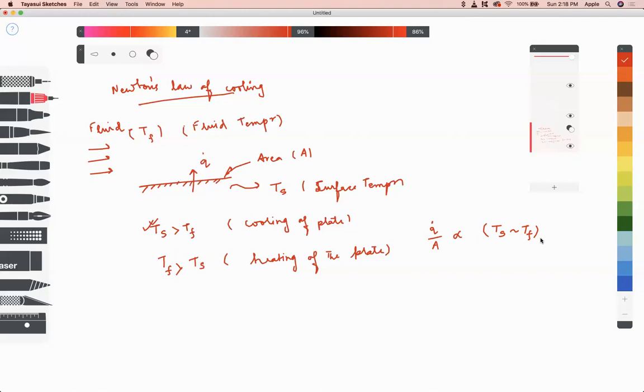That means this will always be positive, unlike the temperature gradient in conduction, which is negative. Now if I remove the proportionality sign and put a constant, and represent the temperature difference as delta T, then this constant is called the coefficient of heat transfer.